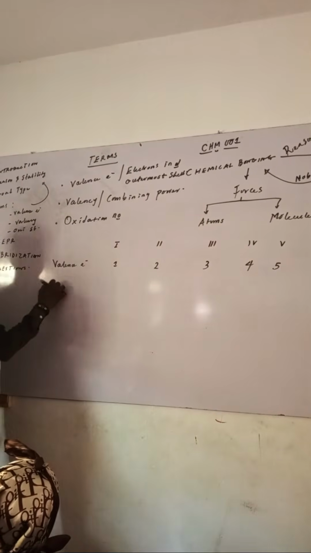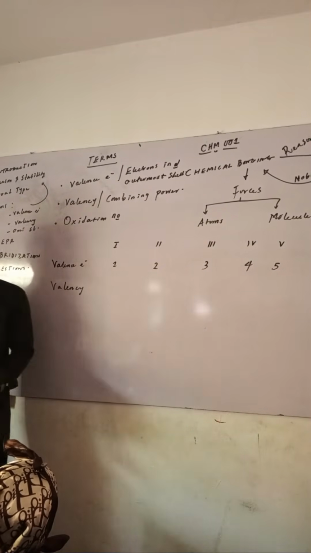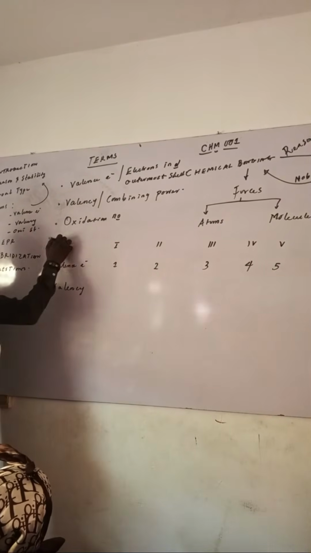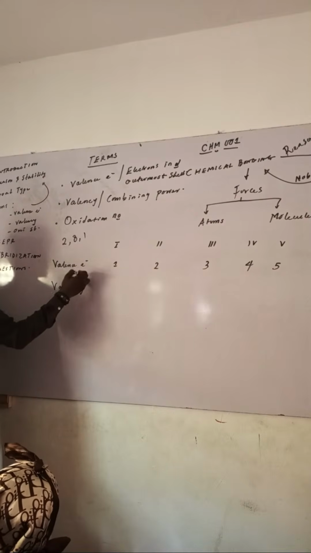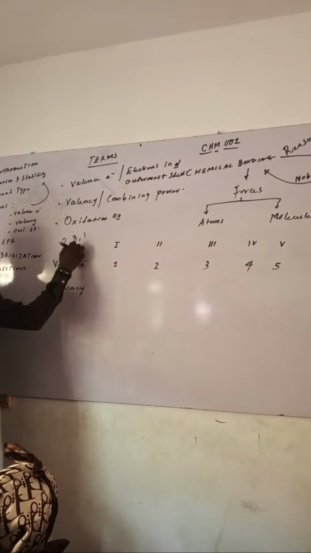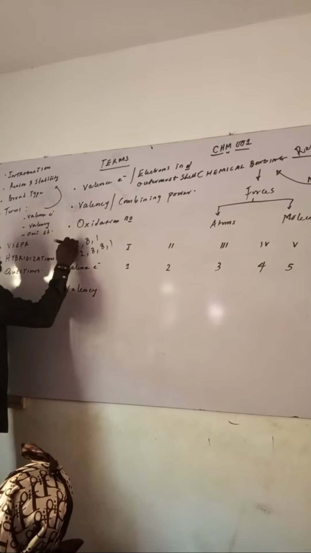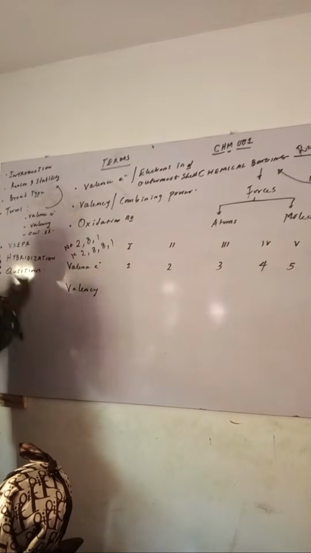Now, valency. If an element is in group 1, the configuration might be 2,8,1. That's sodium, Abi. This is 2,8,8,1. This is potassium. This is sodium. Look at this guy from the stories I said at the beginning.